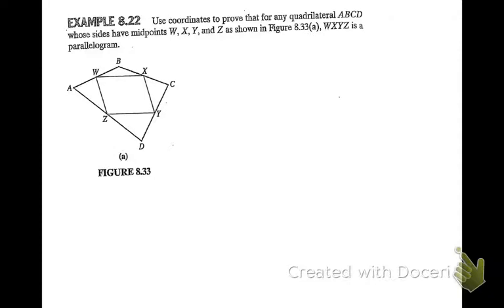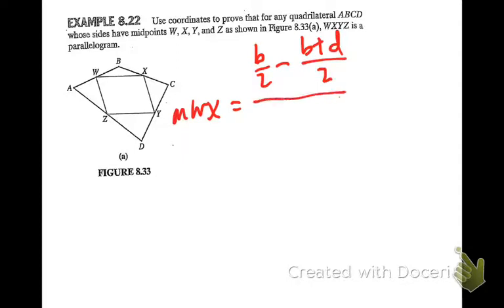For the slope of WX, I take the difference of the Y values for W and X, that'd be B over 2 minus B plus D over 2, and we'd put that over the X values, A over 2 minus A plus C over 2.